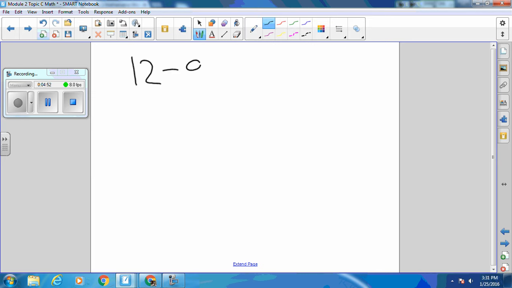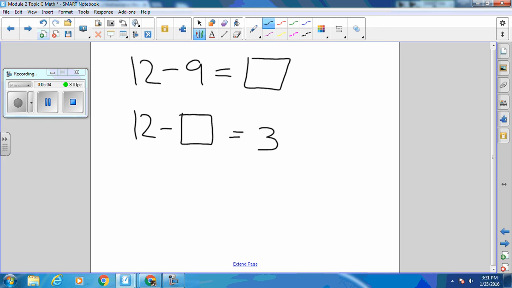12 minus 9 equals blank. 12 minus blank equals 3. And I don't think they ever would, but if they did, 3 equals 9 minus blank.